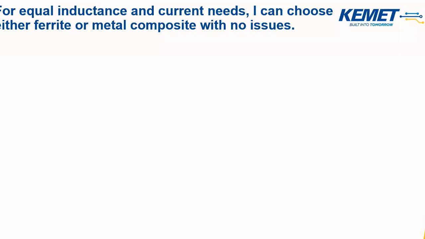I have my, let's say 1 microhenry of inductance and one amp of current, and I find those two things being equal, I can go either ferrite or metal composite, and I'll be all right. There's not going to be any issues to that. Alex, is that sound thinking? Is that an okay way to think about it? That if everything is the same, then it's a toss-up whether ferrite or metal composite?